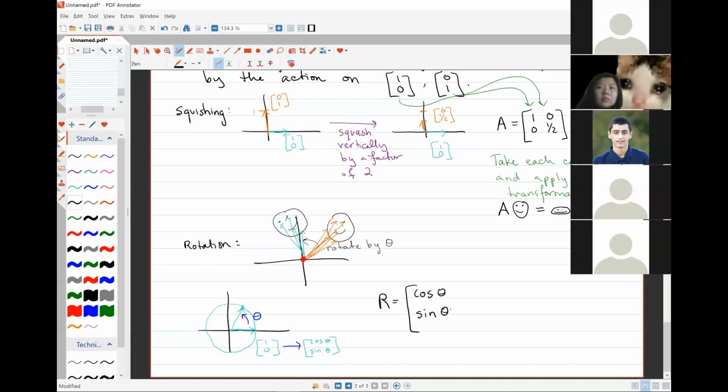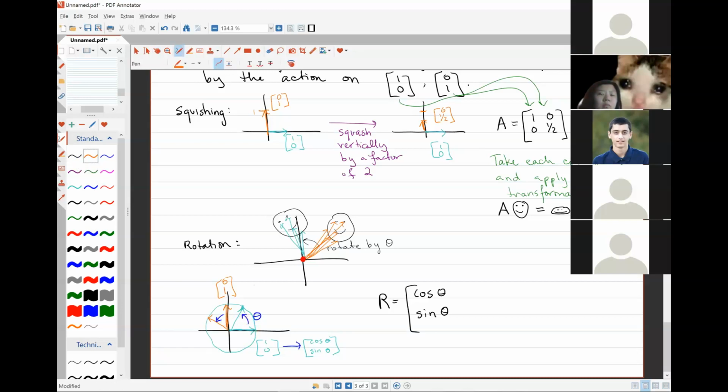And now we have to figure out what the second column is going to be. We're starting off with this vector 0, 1. And when we rotate that by theta degrees, we're going to get something else still on the unit circle. And in fact, if you just compare this slice of this pie to this slice of this pie, they are identical.